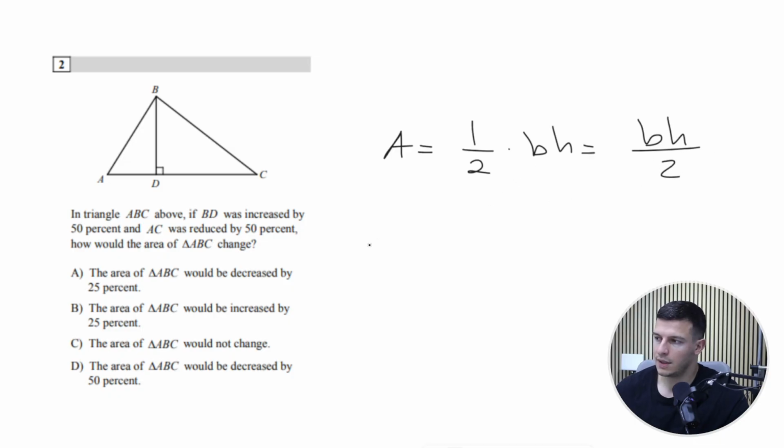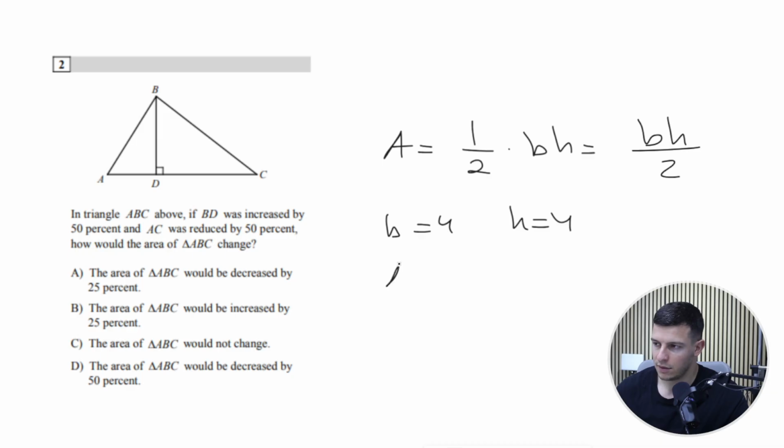I think the easiest way to do it is actually to give them random numbers. It doesn't really matter, but since we're dealing with 50% increase and decrease, I'll pick a number that's divisible by 2. So I'll say, for example, B is equal to 4 and H is equal to 4.